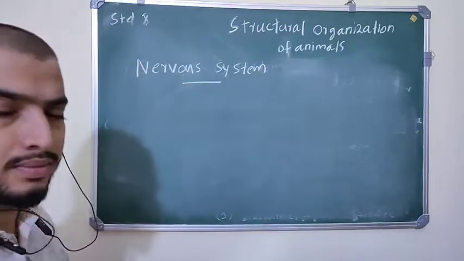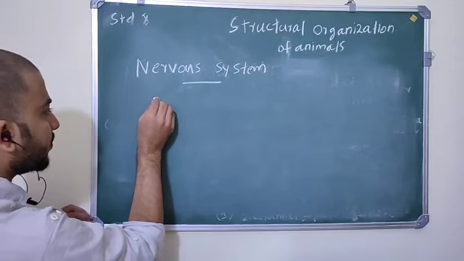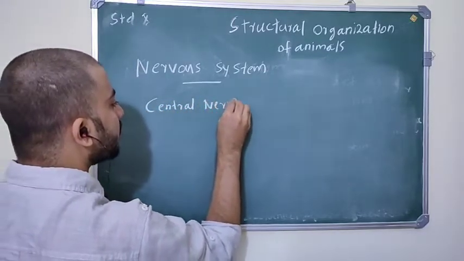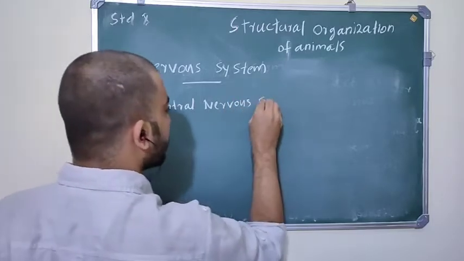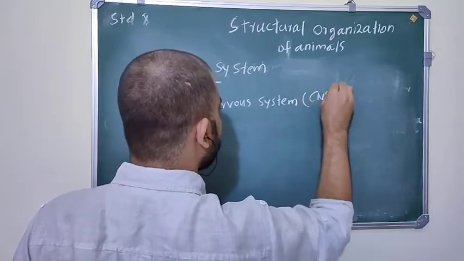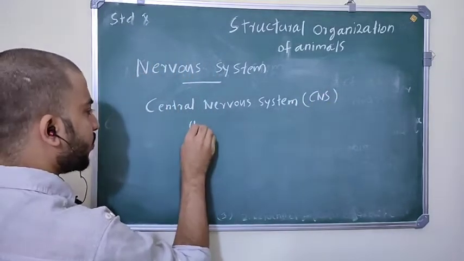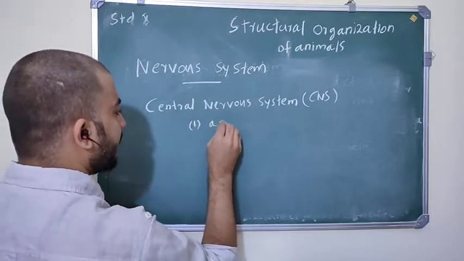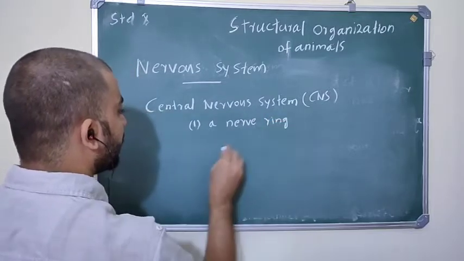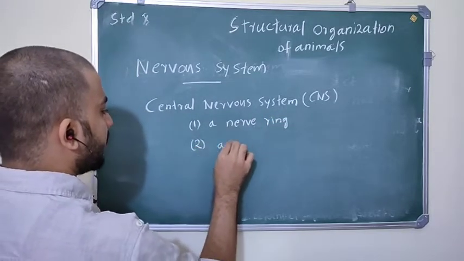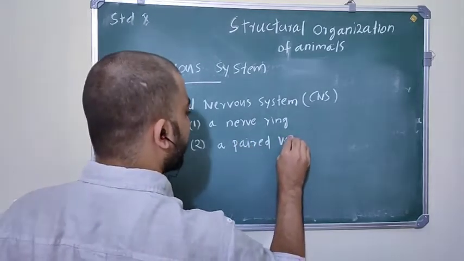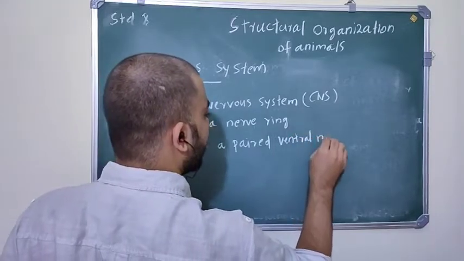The central nervous system, in short CNS, of the leech consists of a nerve ring and a paired ventral nerve cord.